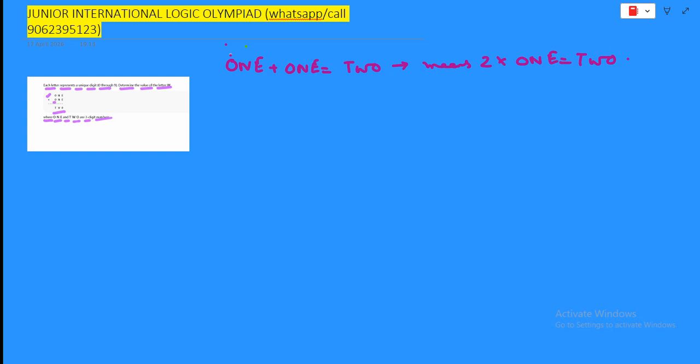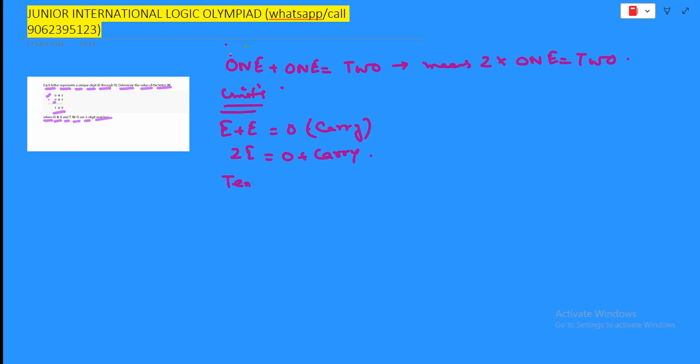So let's break it down now. First, the units column. E plus E is O with possible carry, so 2E is O plus carry.